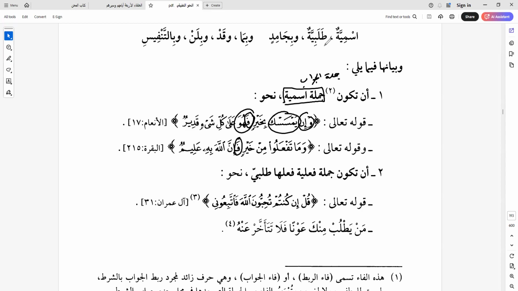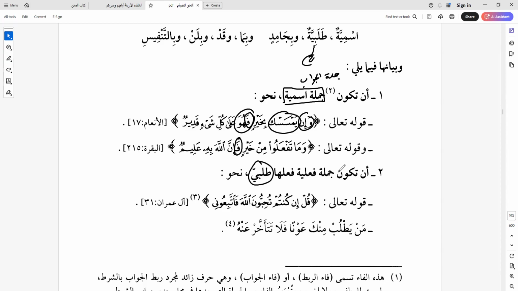And let's look at the next one: أن يكون الجملة الفعلية طلبي. So that's number 2, طلبي. Remember, we've discussed طلبي earlier. طلبي is a statement demanding somebody to do something. And طلبي is basically like أمر. We are commanding somebody to do something. So أن يكون الجملة الفعلية فعلها طلبي.